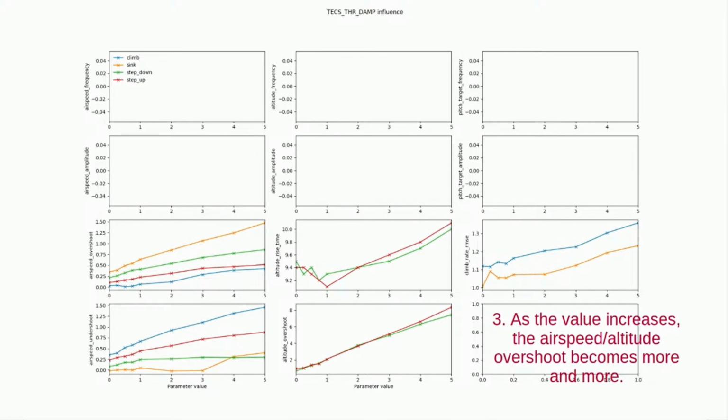But at least we can see, even in the simulation, the damping effect of TECS throttle damp. As we increase its value up to 5 or more, we get increased altitude rise times and increased altitude overshoots. It smooths things out, but also makes them slower, so you get less of a crisp response in terms of altitude.